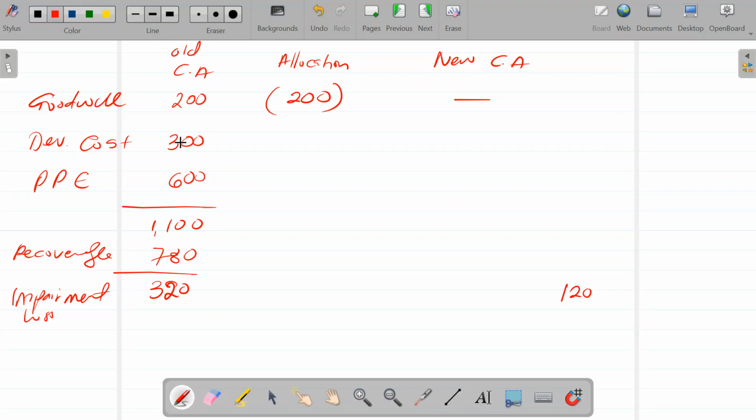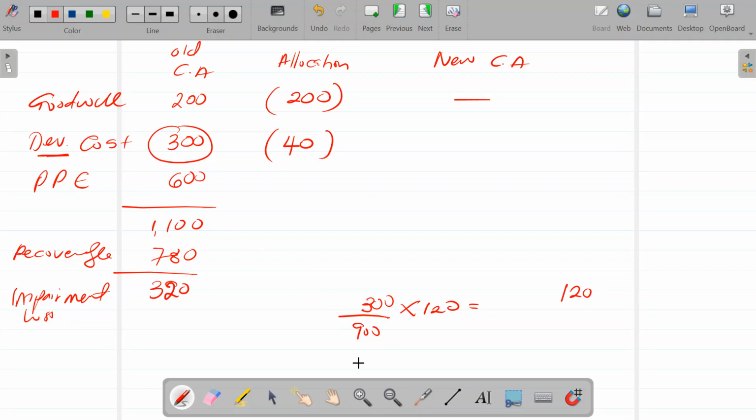So we have to find the total of these two. 300 plus 600 is 900. The allocation for the development cost will be 300 over 900 multiplied by 120. So how much will we get? This will be 40.